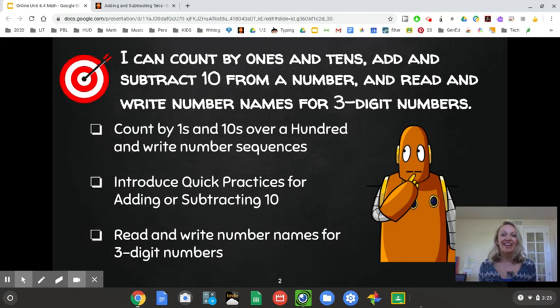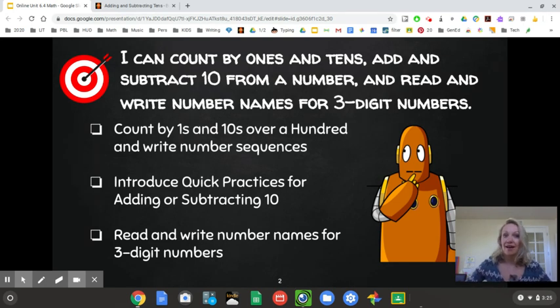All right, so our learning target today is that I can count by ones and tens, add and subtract 10 from a number, and read and write number names for three-digit numbers. It's a long target, but there's lots that we're doing today.